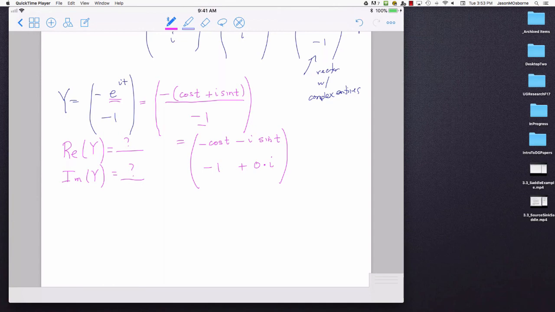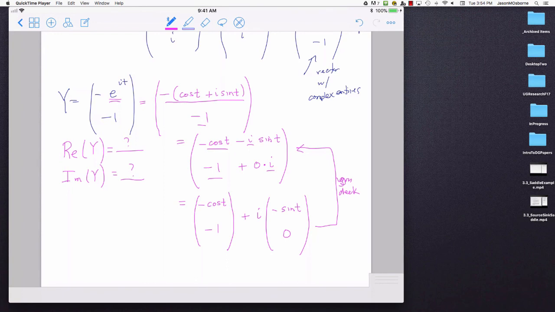So the parts of the vector that don't have imaginary numbers in them, you will split those out, and then you factor out the i, since both of these have i in them, and you will get minus sine of t with a 0. You should double check going backwards here: if you add these entries and add vectors entry by entry, you will get back to the previous step.